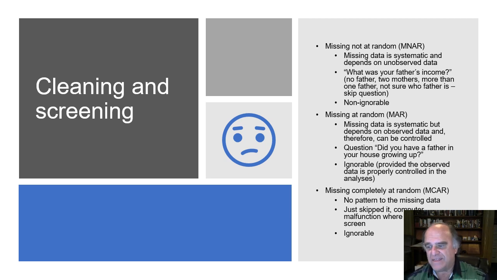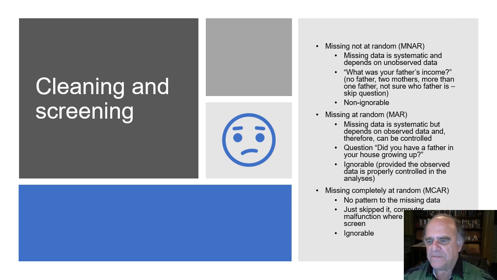Now we know something about why that data is missing. So in that case, the missing data becomes ignorable. By ignorable, I mean we can probably just go ahead and calculate averages or use whatever simple method we want to handle the data.